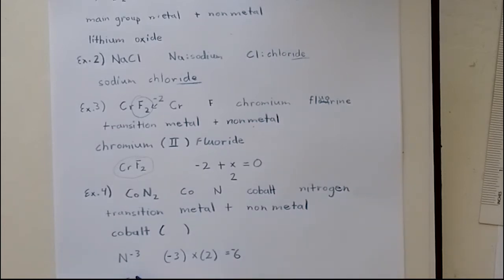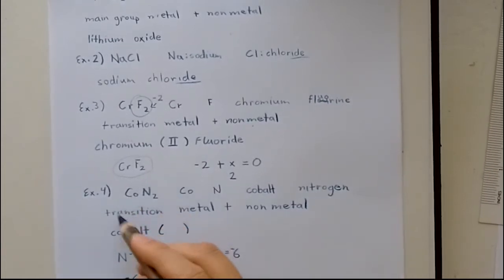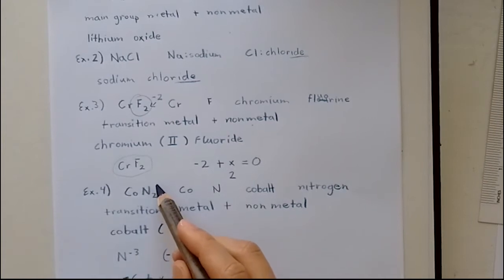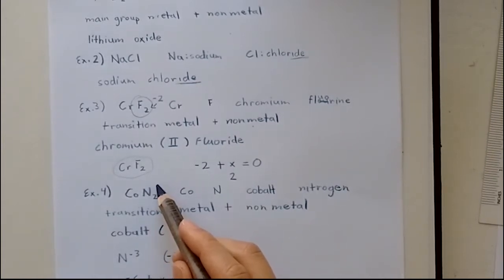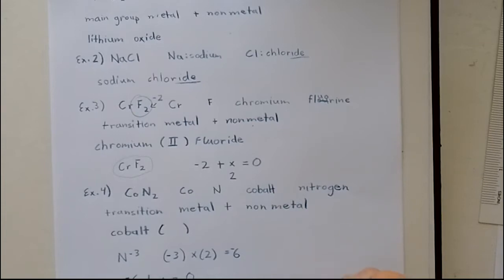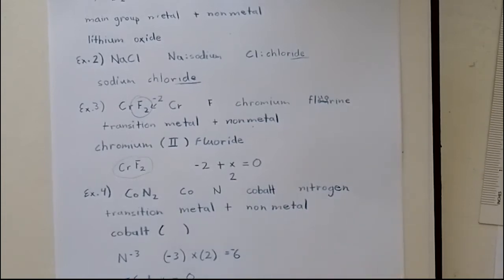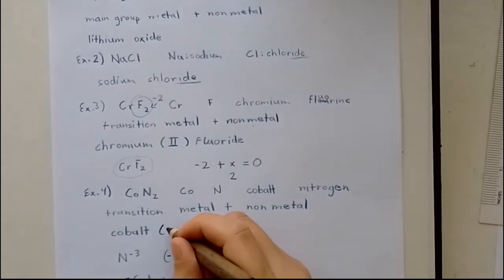So first we have the -6 plus whatever charge cobalt is, and that has to equal 0, because the entire compound has a neutral charge. There is no number in the upper right corner telling us the charge. So if we isolate X, or add 6 to each side, X has to be 6. So cobalt has to have a charge of 6.